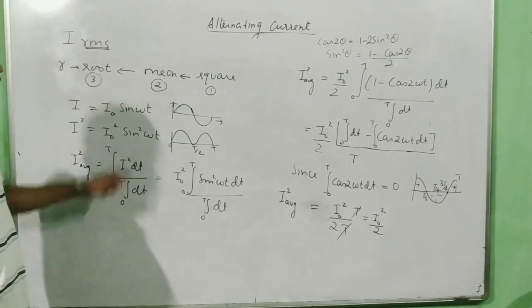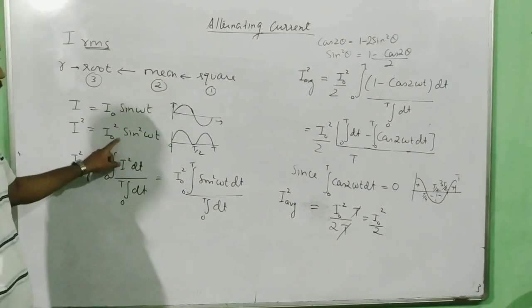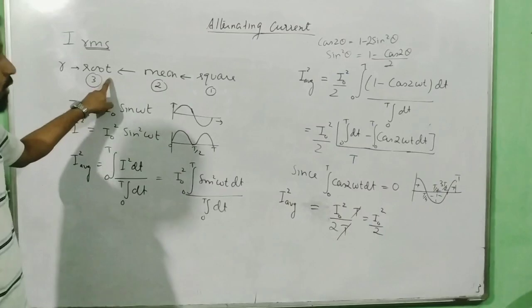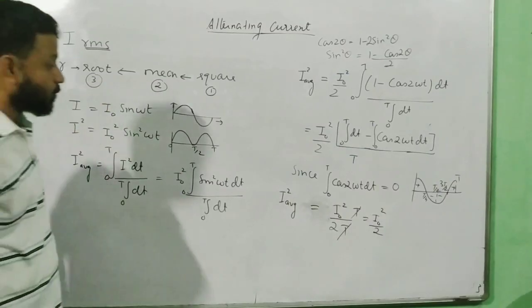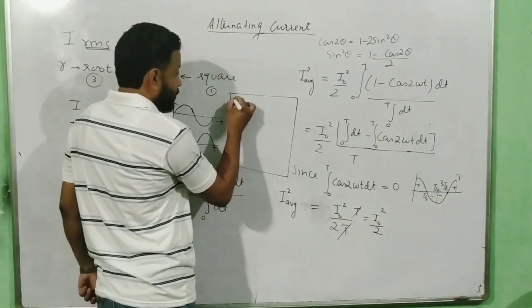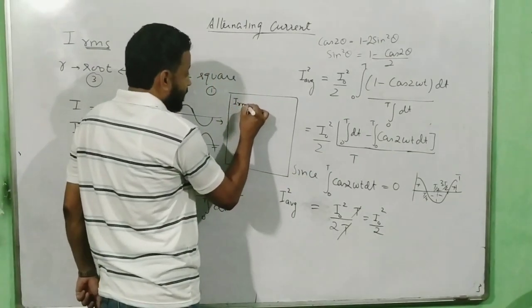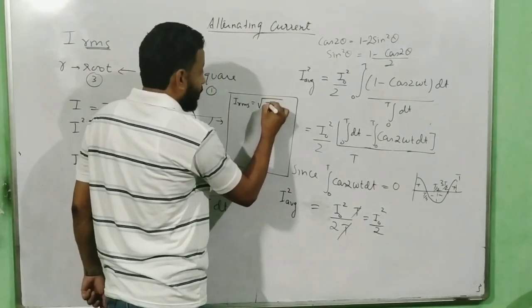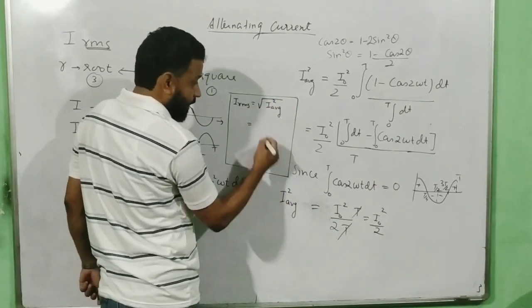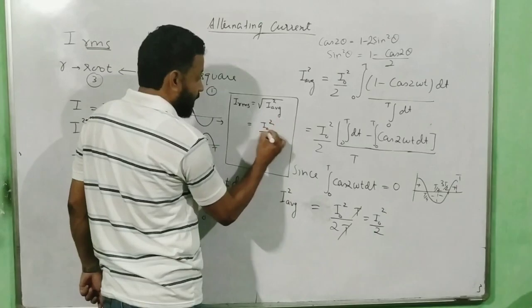Now remember, we did the square, we found the mean also, and now it's time to take the root of that. So how do you take the root? Come over here in the middle section. IRMS is basically the square root of I square average, and I square average is I naught square by 2.